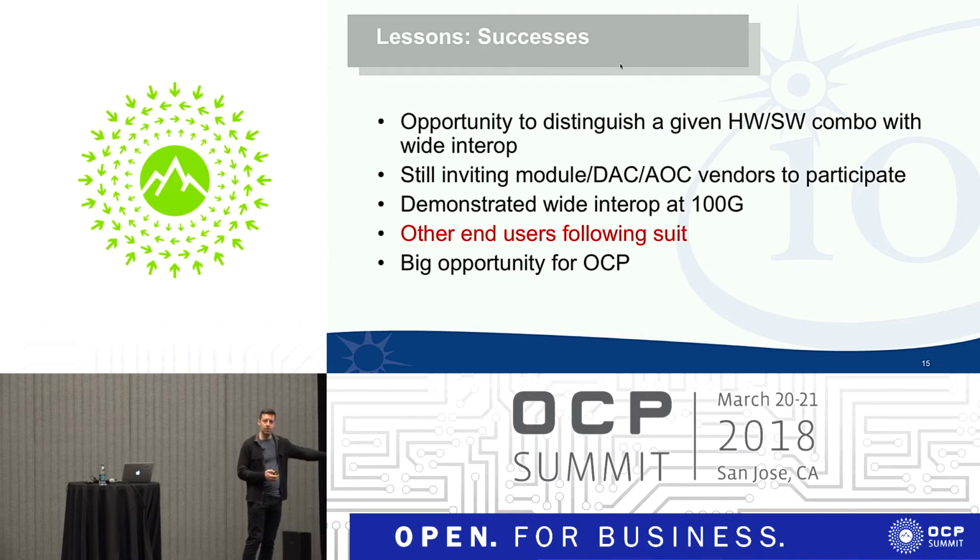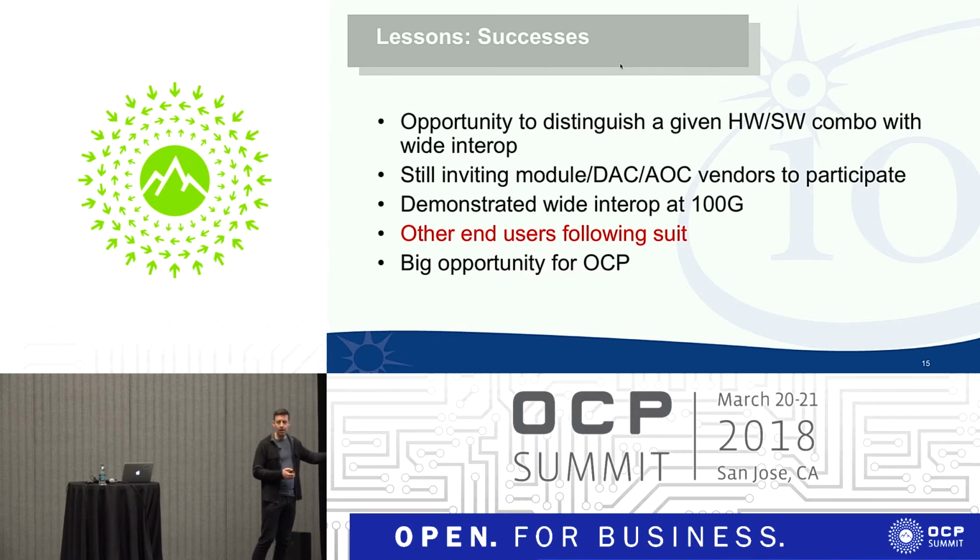The other interesting thing about this is other end users are following suit. So I see this as a really big opportunity for OCP. Facebook stepped up and said, hey, we'd like to demonstrate that there's really good interoperability for this particular product at 100 gig. And I think this project has shown that. Other end users are taking notice of this and saying, this is something that we would really need too. We'd like to know whether or not the stuff that we're buying and deploying has wide interoperability. And so there's other folks that are pursuing similar types of projects with us.